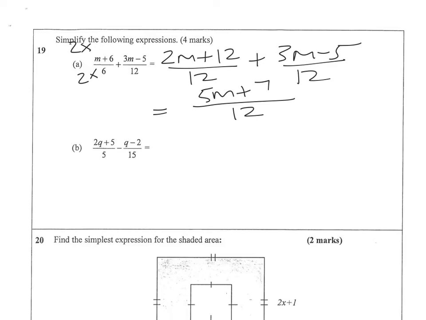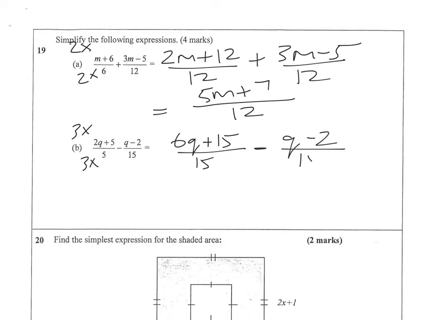Okay, B, again 15 is easily changed. So 3 times 5 gets you 15. We don't need to change the other one. Times the top. So we get 6q plus 15 over 15. Take away q minus 2 over 15. And we get a common denominator of 15.